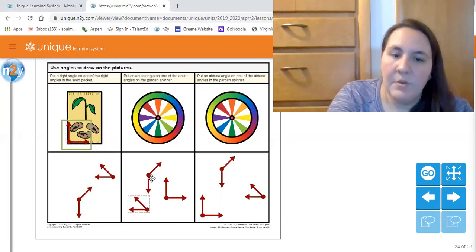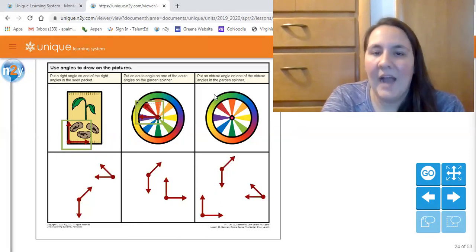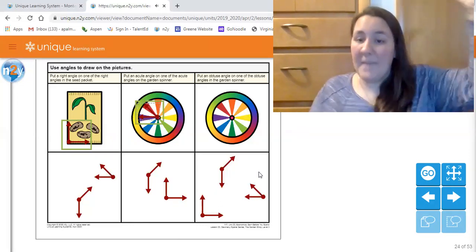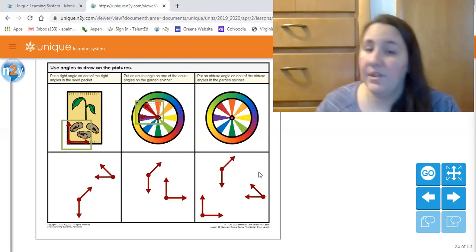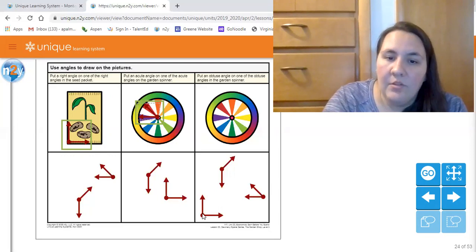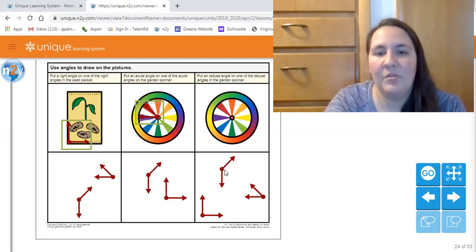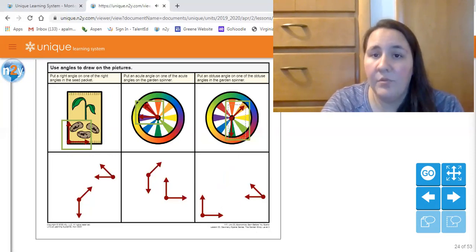Beautiful job. It's this one here. Remember, it's a cute small angle. And obtuse is a big, larger than 90 degrees angle. So which one is a big angle? Is it this one, or this one? Beautiful job. You guys did an awesome job of working through that together.